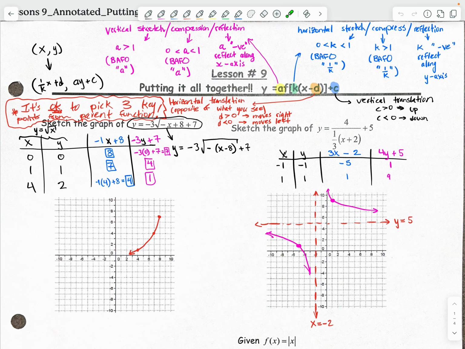So here I want to rewrite this first with the proper factoring inside, factoring out the negative 1, and so I get x minus 8. Now I can pull out the correct a, k, d, and c values. So a is -3, so right here I got -3y plus 7, so that's my new y value.